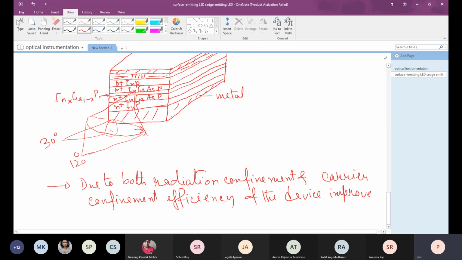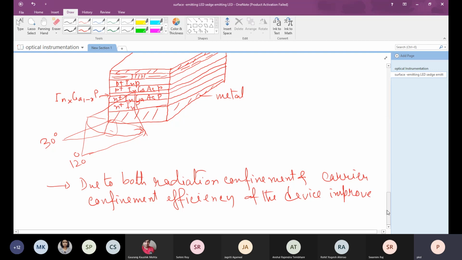Carrier is confined due to the differential band gap energy of InGaAsP and InGaP, indium gallium phosphide and indium gallium arsenide phosphide. The radiation is confined in the active layer because the refractive index of InGaP is slightly higher than the refractive index of indium gallium arsenide phosphide.